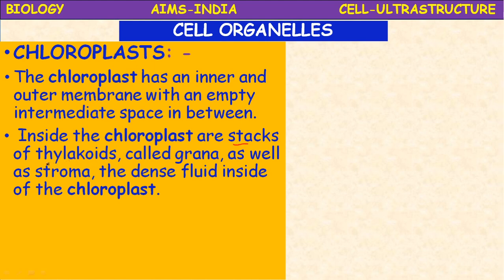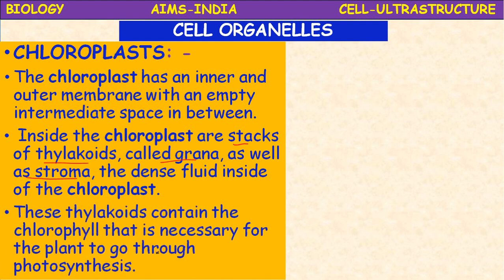Stalks of thylakoids are green in color. They are called grana. The non-green structure present in the chloroplast is called the stroma, the dense fluid inside the chloroplast. Stroma is also called the matrix of the chloroplast.